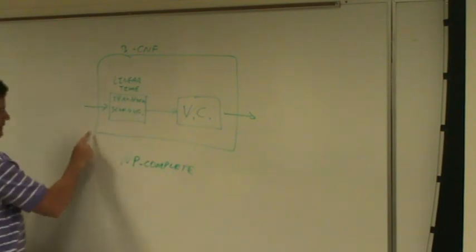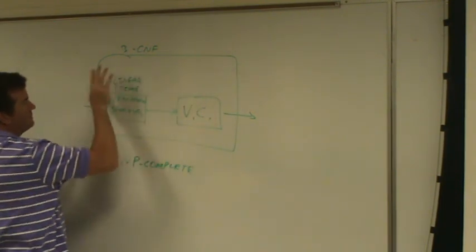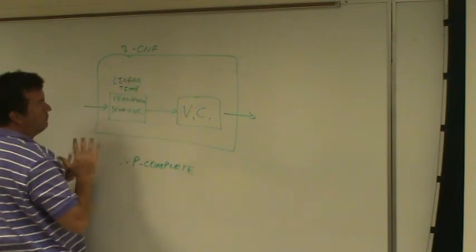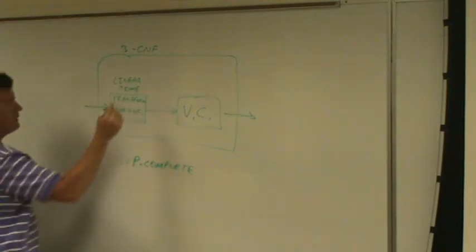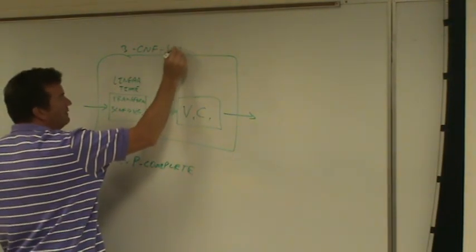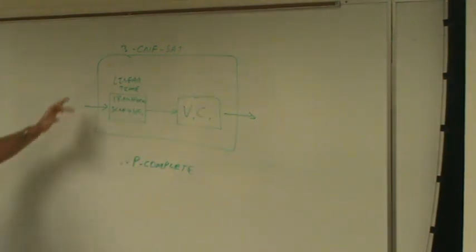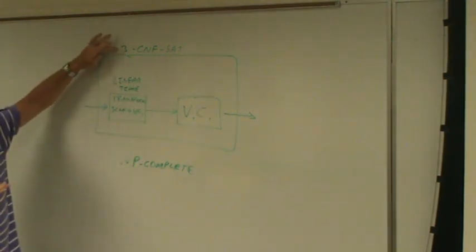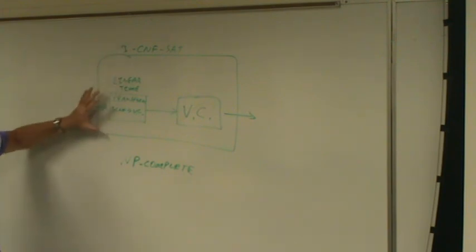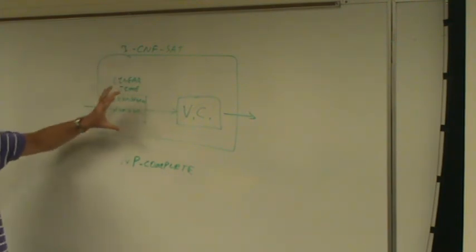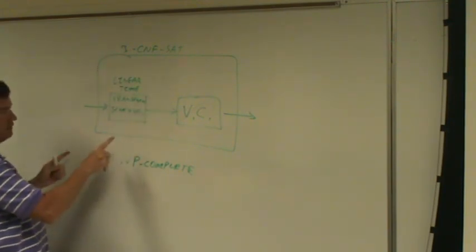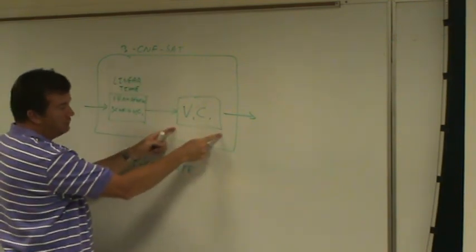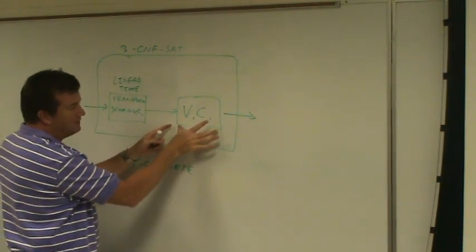So if solving the three conjunctive normal form satisfiability problem takes a minimum of exponential time, this also would solve the problem. Step one, convert this problem into a graph, and then step two, run the solver for this.